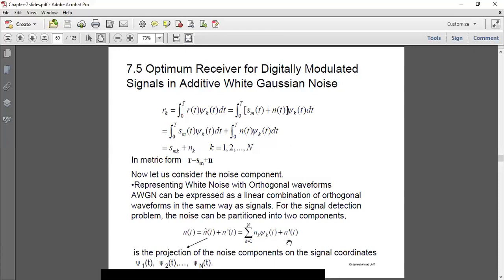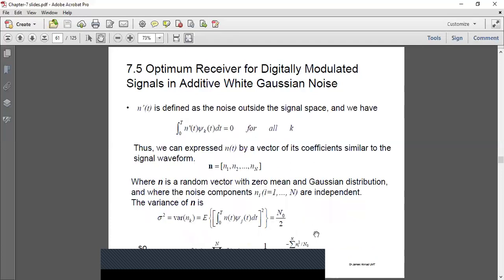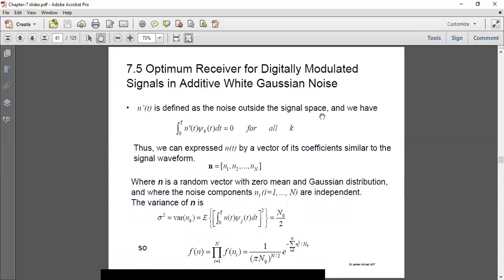This n hat is the projection of the noise component on the signal coordinates, phi 1, phi 2, up to phi n. Then n bar of t is defined as the noise outside of the signal space. If it is outside the signal space, then there is no correlation, so this cross correlation will be equal to 0.